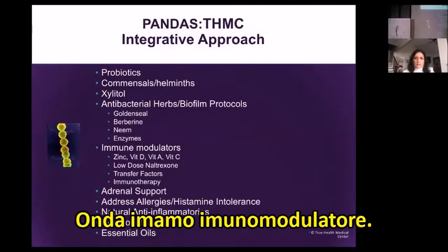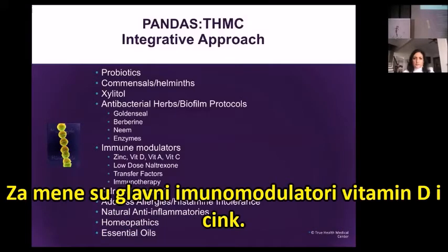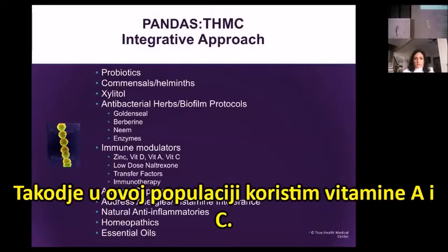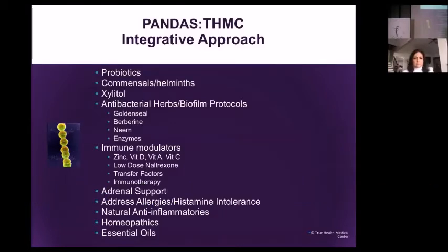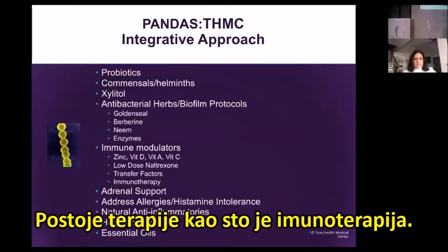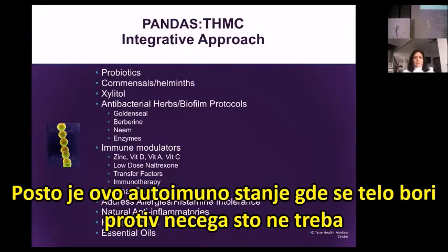Then we have immune modulators. For me, the main immune modulators are vitamin D and zinc. However, I oftentimes use vitamin A as well in this population, and vitamin C. There are therapies like immunotherapy that have been discussed. So again, this is an autoimmune condition where the body's fighting something it shouldn't fight.